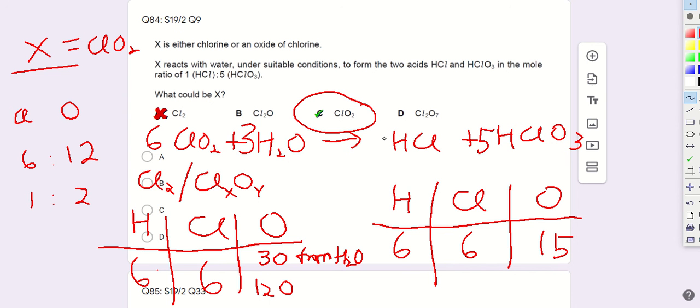You start by writing down HCl, 5 HClO3 and H2O, and put in one by one. This is very time consuming if you do trial and error, so you leave this question to last. Skip this question and do other questions first, then only come back to this one and do the trial and error method.